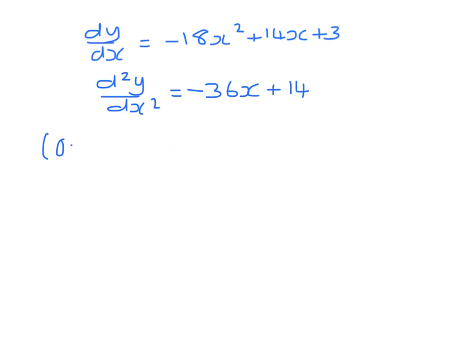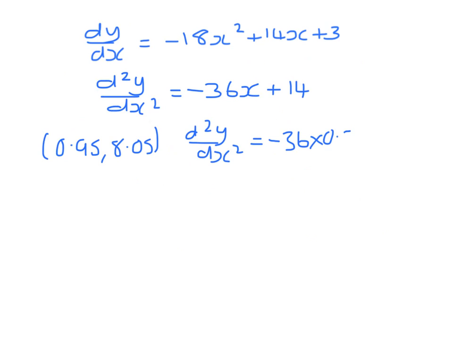So at 0.95, 8.05, if I multiply that by minus 36 and add 14, we get negative 20.2, less than 0, so this is a maximum.